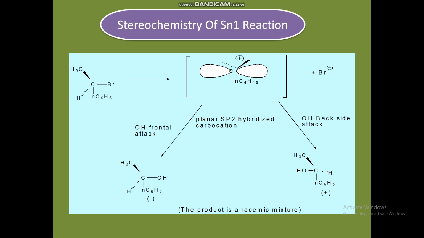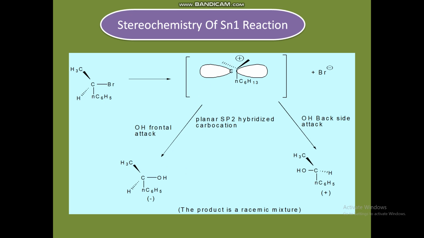When an optically active substrate is used, attack of the nucleophile from one face of the carbocation would lead to one enantiomer of the product. Attack from the other face would give the other enantiomer. Since the two faces are equivalent, the two enantiomers are formed in equal amounts to give a racemic mixture.